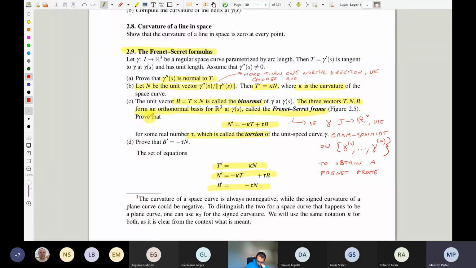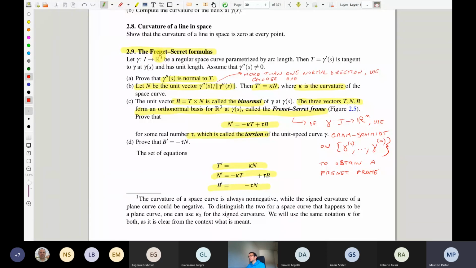I'm sure you know, because I have seen these formulas on the blackboard in Roberto's office a few days ago. These are the Frenet formulas, and these are formulas for a curve in R3. For the moment, we were talking about a curve in the plane.